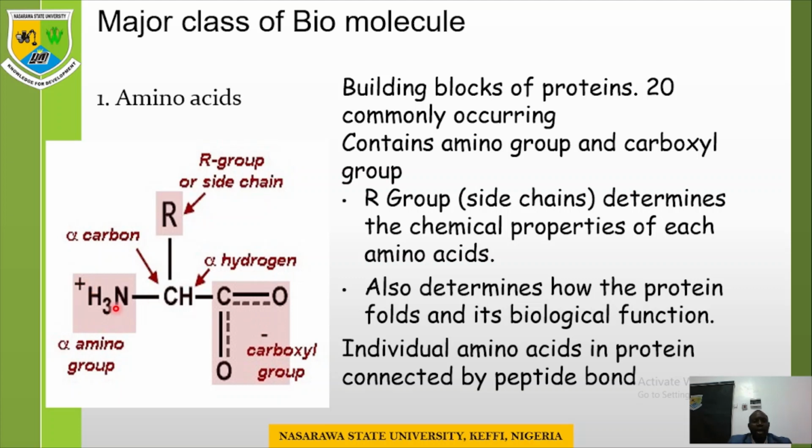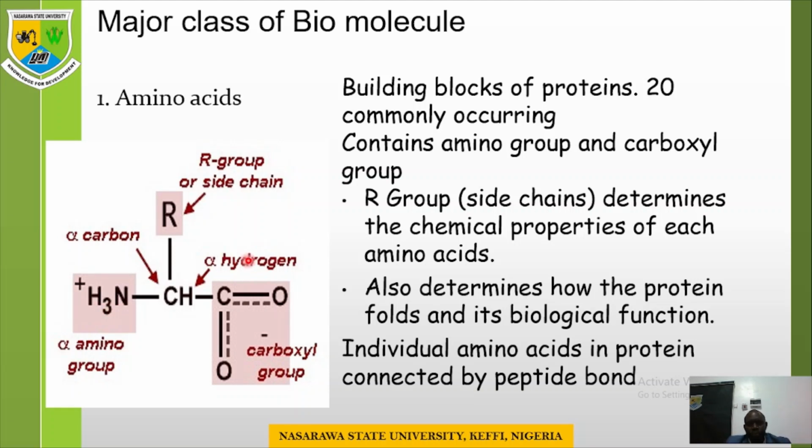But if it is not ionized, I will have H2 in this place, and then there will be no negative, it will be hydrogen. So this is the basic difference between, for instance, the amino acid glutamate and glutamic acid. When I say glutamate, it means it's in the ionized form. When I say glutamic acid, I have the hydrogen here.